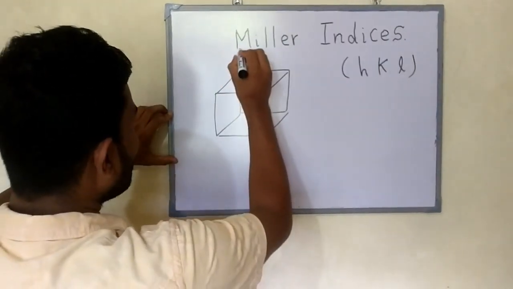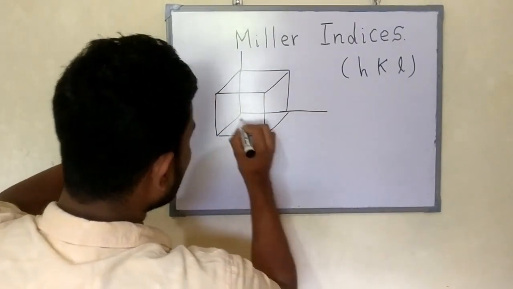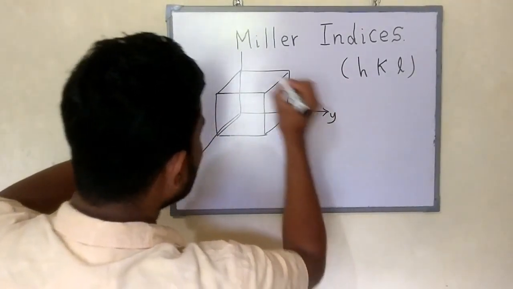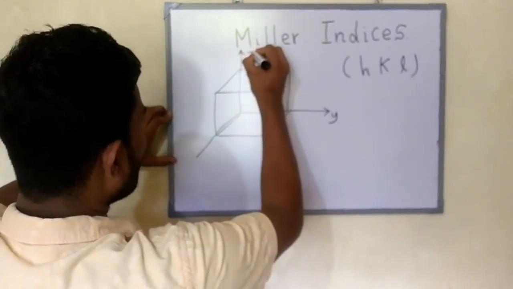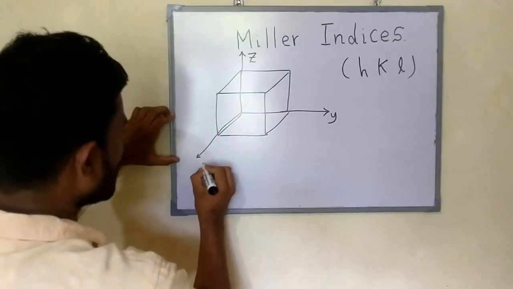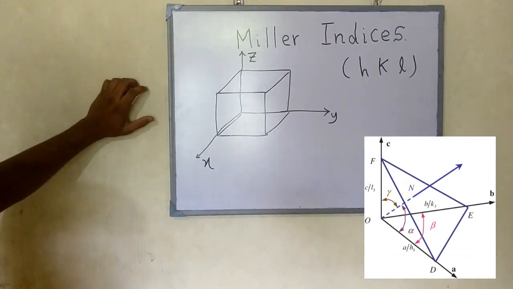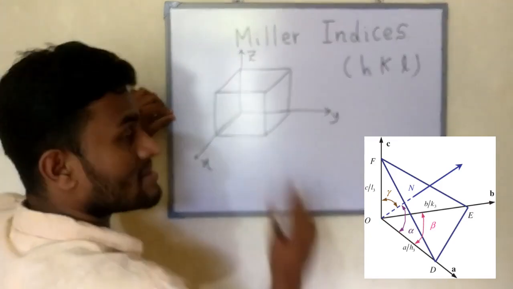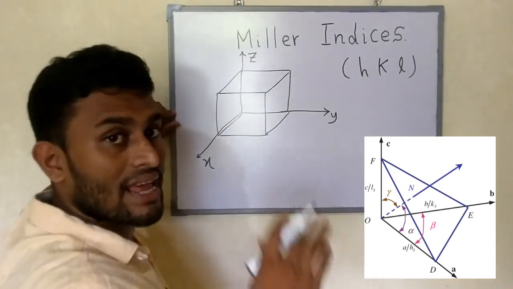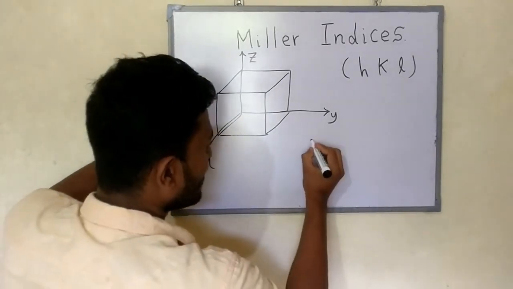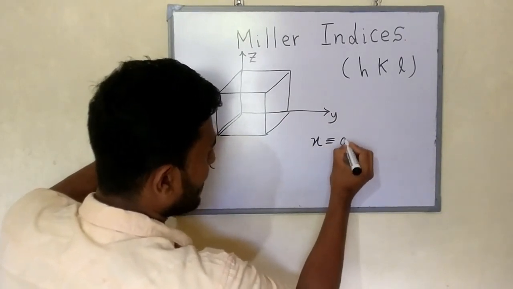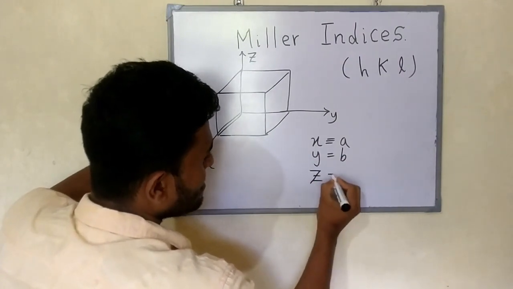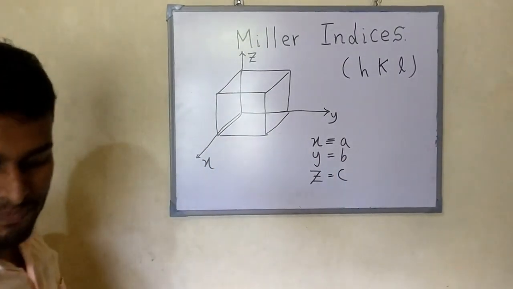And those axial lengths are oriented like this. So this is your y-axis, this is your z-axis and this is your x-axis. In Miller indices, these x, y and z axes always correlate with a, b and c.